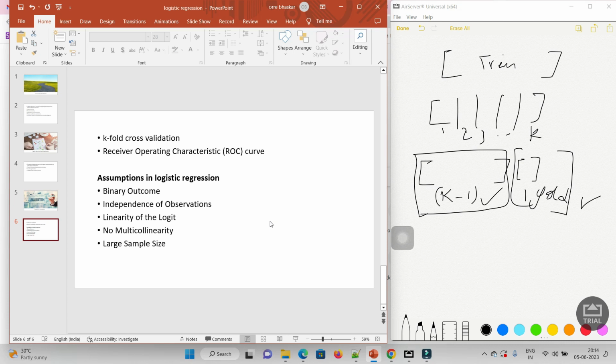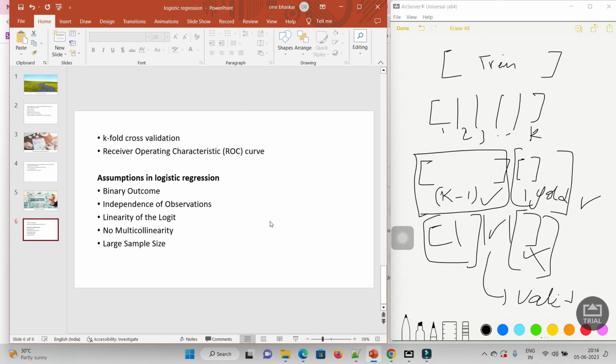We get our metrics. What will we do for the second iteration? Assume this is the k folds. The first iteration we have taken this. In the second iteration, we will take this part, so our train will be this part plus this part, and this will be our validation or test data.